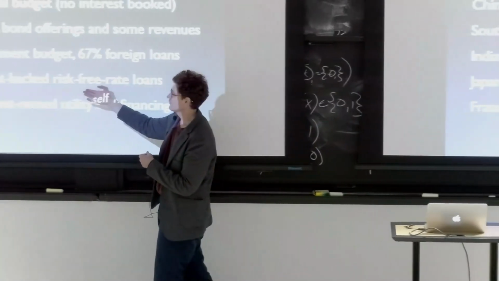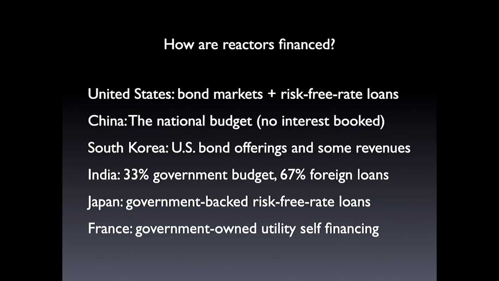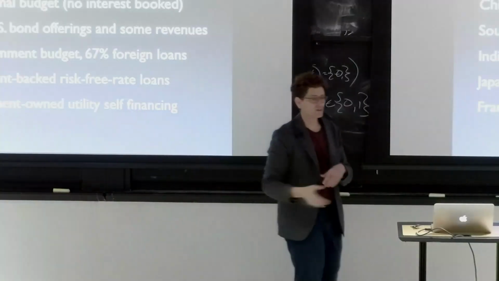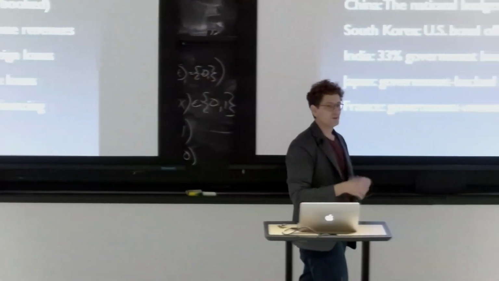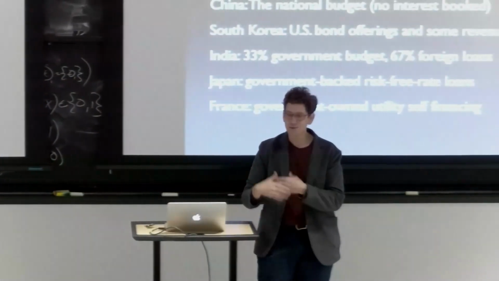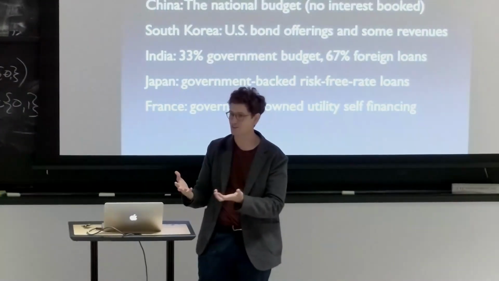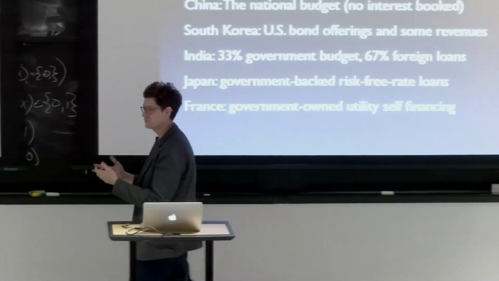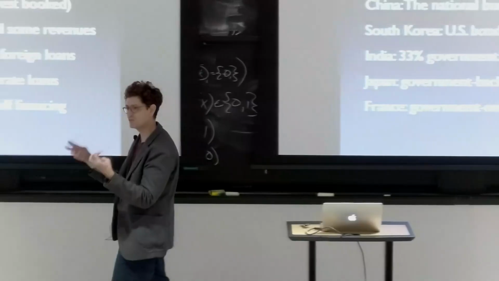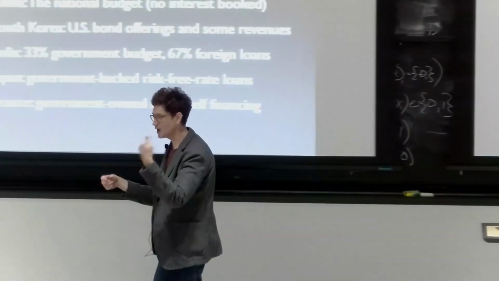Japan has these government-backed risk-free loans, essentially like loan guarantees but for the full amount of their reactors. France has this, it's essentially a government-owned utility, right? So most of these people don't have to compete. They don't have to engage in financing of normal construction projects because they're government-owned operations, and they just come out of the national budget.